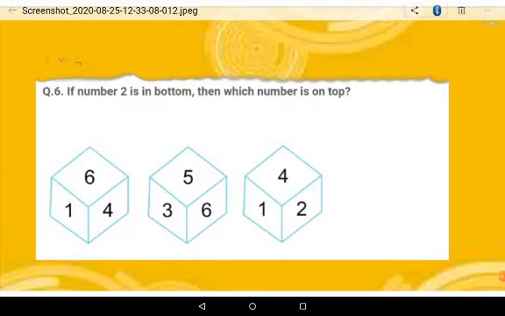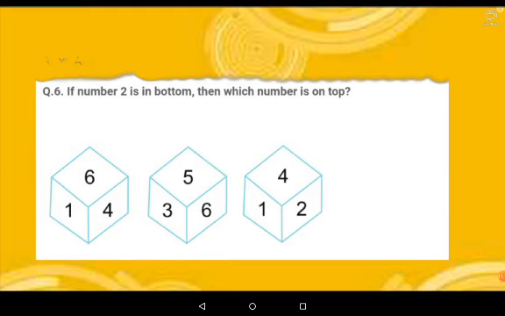Okay, now this is a dice problem. If number 2 is at the bottom, then which number is on top? So that means bottom, top, left, right, etc. are what?